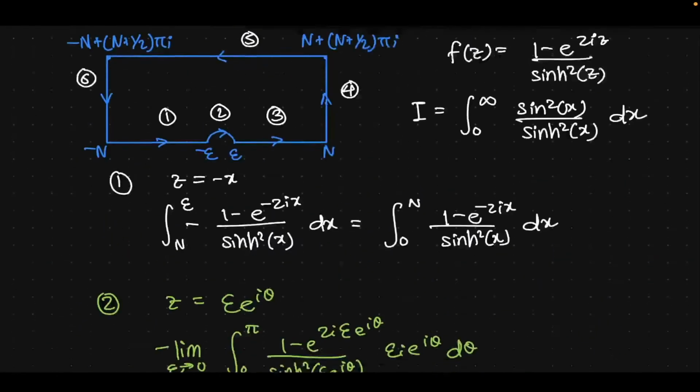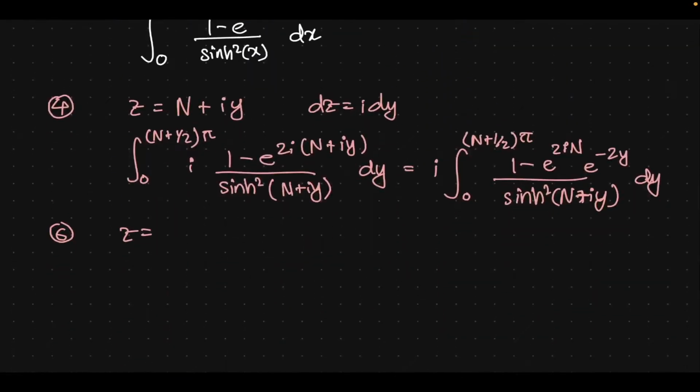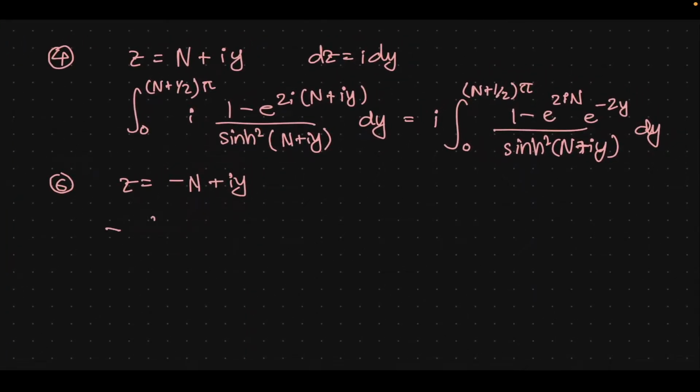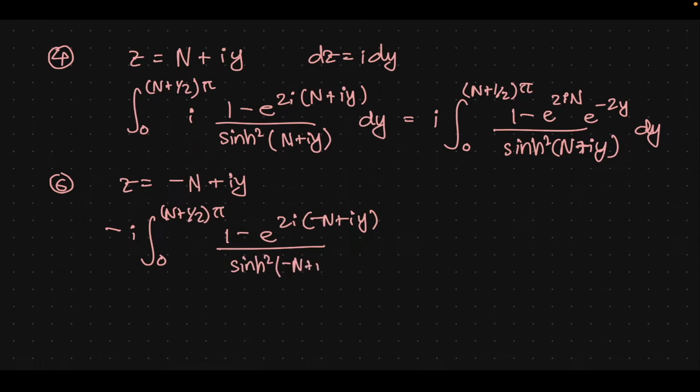Path 6 is actually similar. In this case, the real part's minus n, and it's a decreasing segment. So we're going to have a minus integral from 0 to n plus 1/2 pi. So i comes outside, 1 minus e to the 2i(minus n plus iy) divided by sinh squared of minus n plus iy dy, which we can simplify a little bit more, and we're going to just keep this part as it is because the limit is going to come soon.